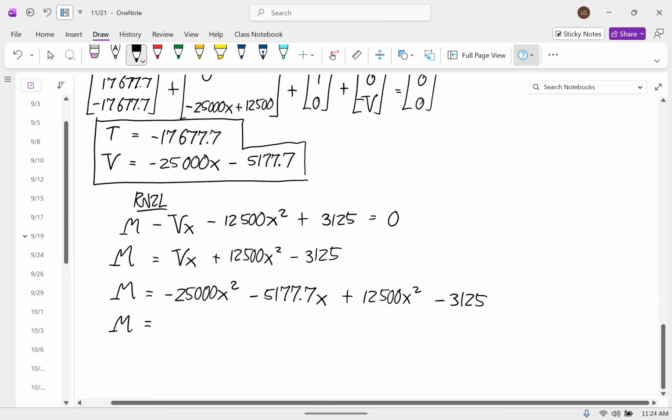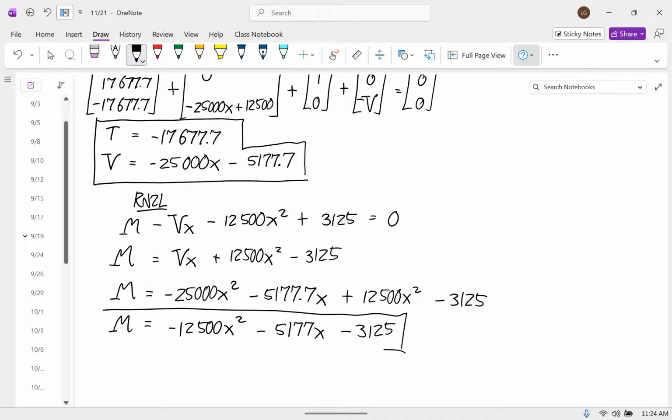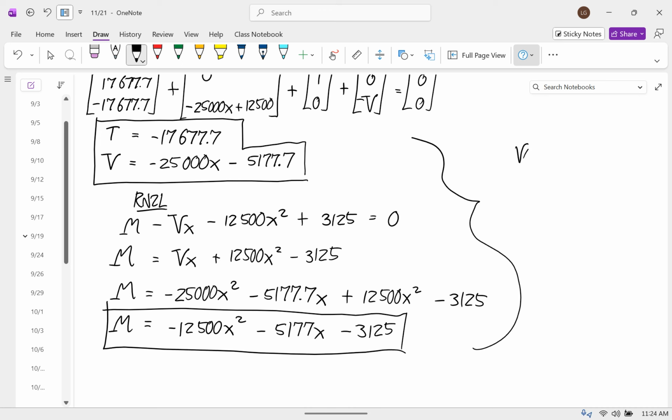And you get some cancellations, and you get negative 12,500 x squared minus 5177x minus 3125. And these are valid on the interval x between 0.5 and 1.